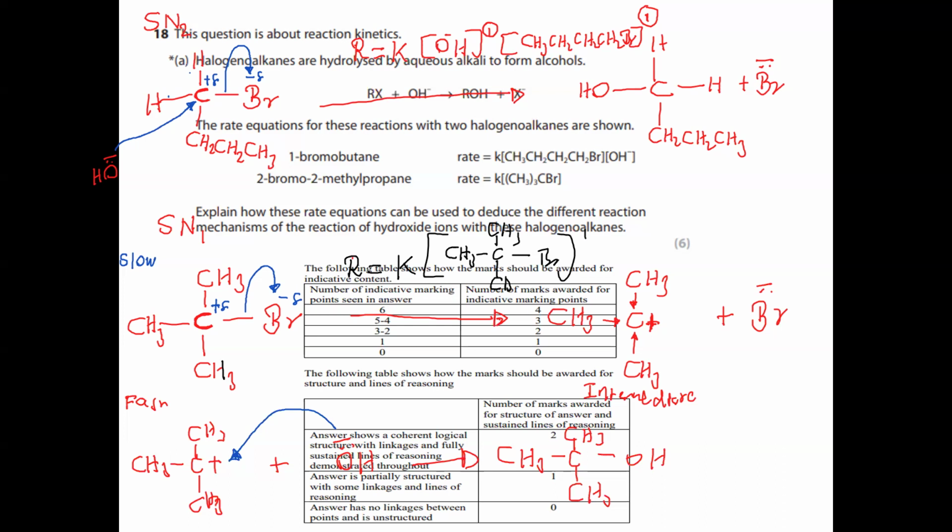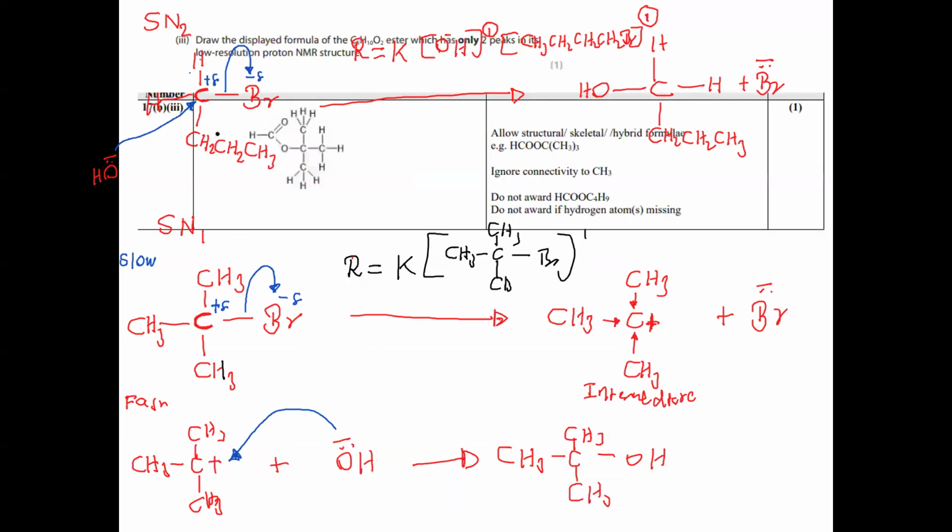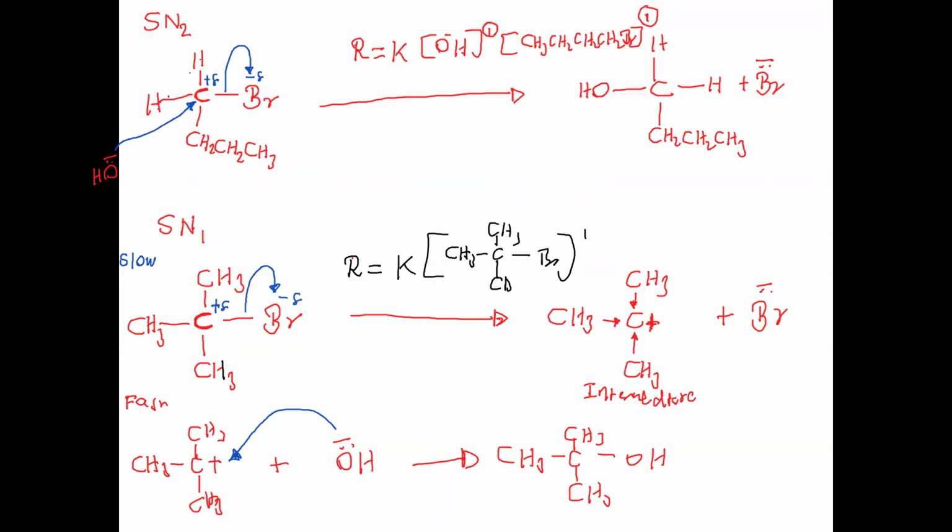Explain how these rate equations can be used to deduce the different reaction mechanisms of the reaction of hydroxide ions with these halogenoalkanes. We have talked about how the rate expression tells you the number of molecules taking part in the slower step, the reactants which take part in the slower step, and how many molecules.